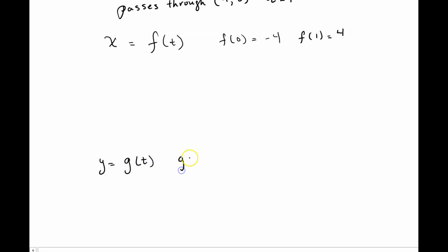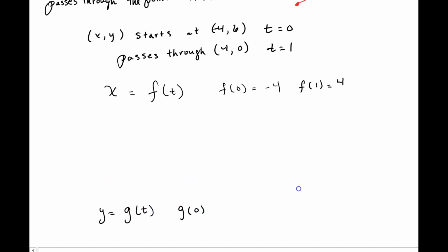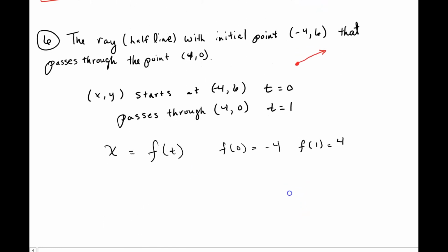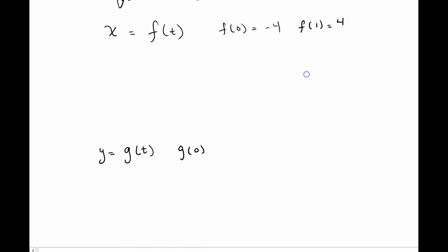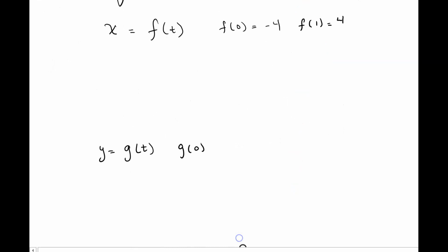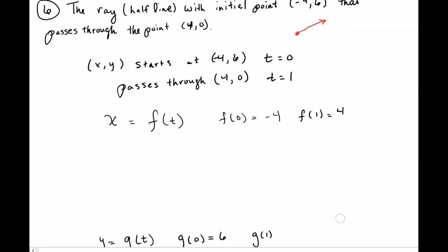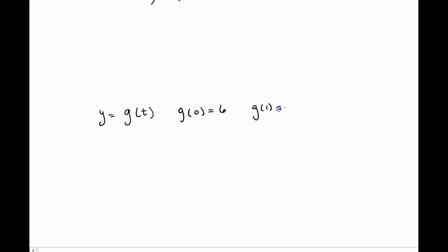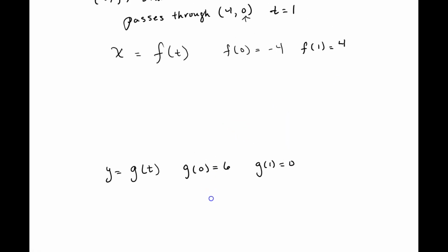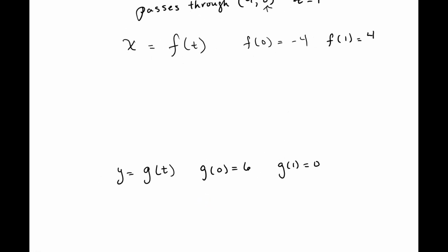When you plug in 0, g of 0 equals 6. And when you plug in 1 into g, you get 0. So what we're going to do is use these 2 points to come up with a linear equation for each of the parameters.